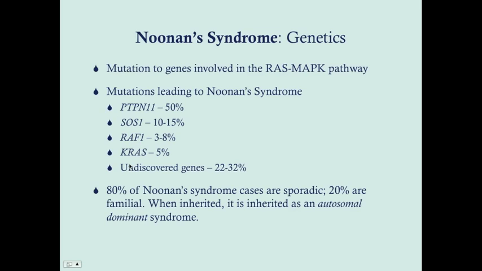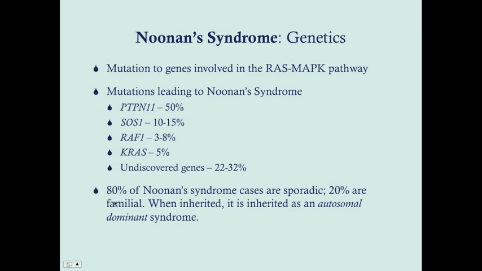SOS1, RAF1, and KRAS can also be implicated, but PTPN11 is the most common. And then this leaves 22 to 32% of Noonan's cases that are on genes that are not discovered. So all of these are going to be negative, but the patient still presumptively has Noonan syndrome, either because it runs in their family or it's a sporadic case.